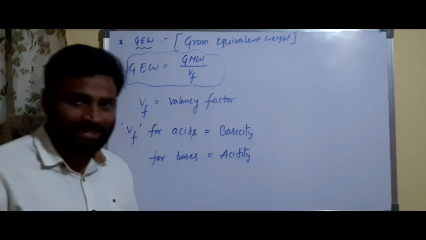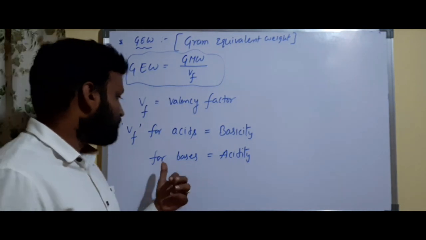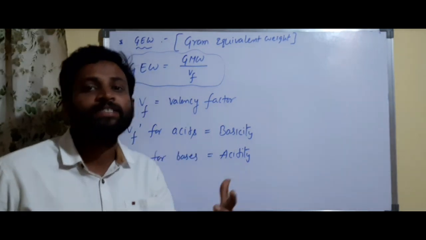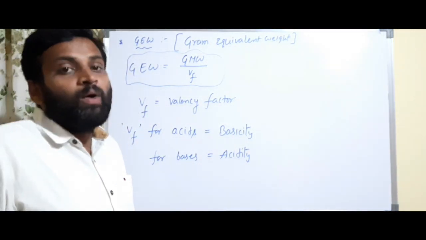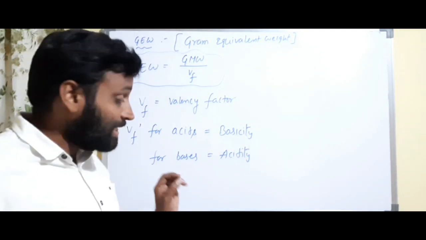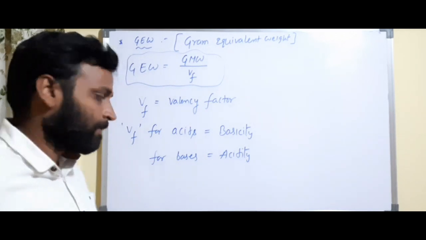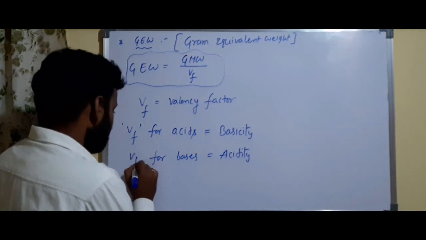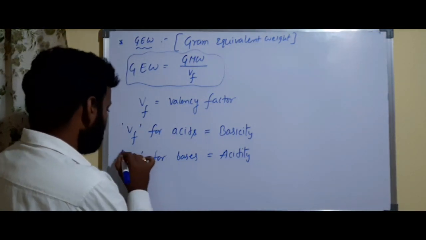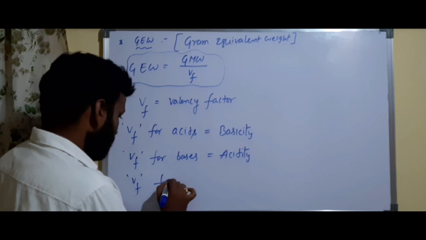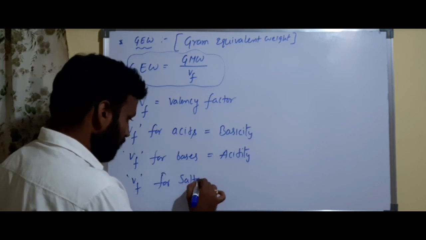Valency factor for acids is basicity. Valency factor for bases is acidity. Acidity means something is there, I'll tell you, it's a suspense. What is the valency factor for salts?